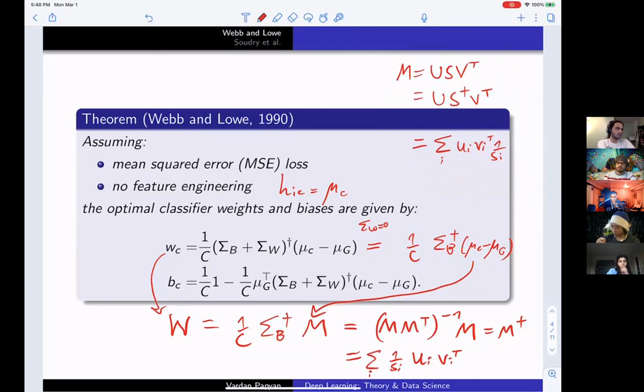Now, here's the question. If we look at this singular value decomposition, can we say that the classifier is an ETF or not an ETF? So what was one of the ways to determine if a matrix is an ETF?